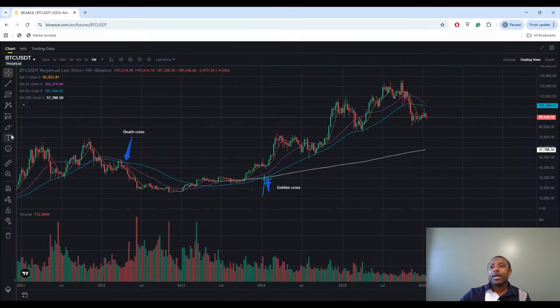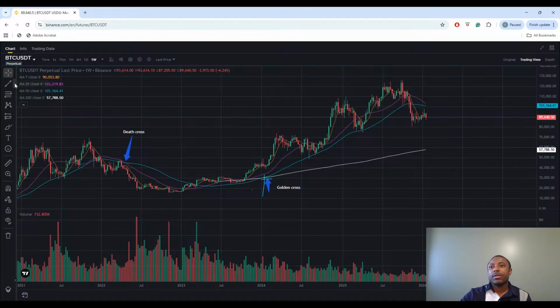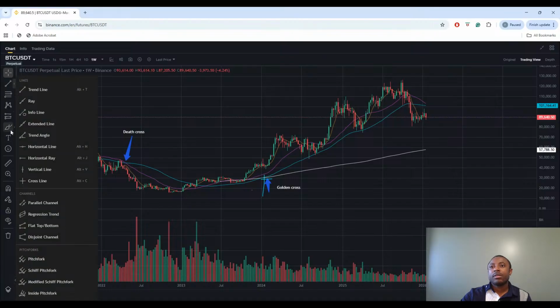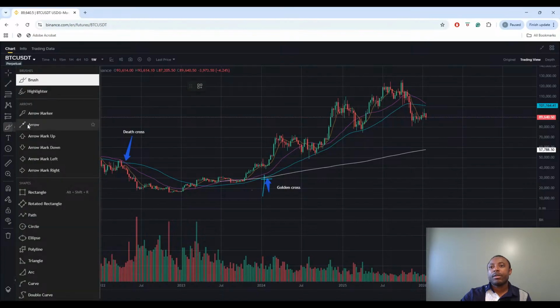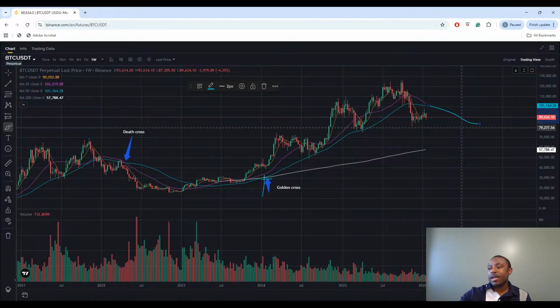So if you go back here to line, no, go to brush. Arrow marker. Brush. Okay. So here, I'm just drawing the line, extending it.